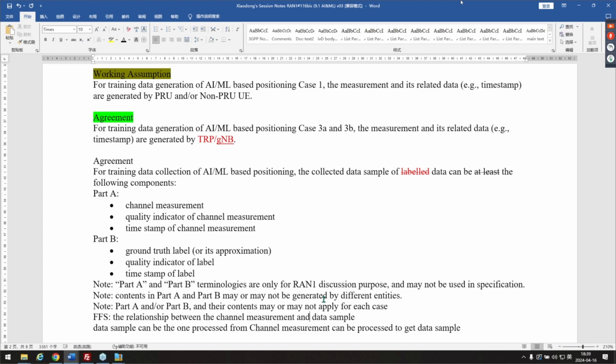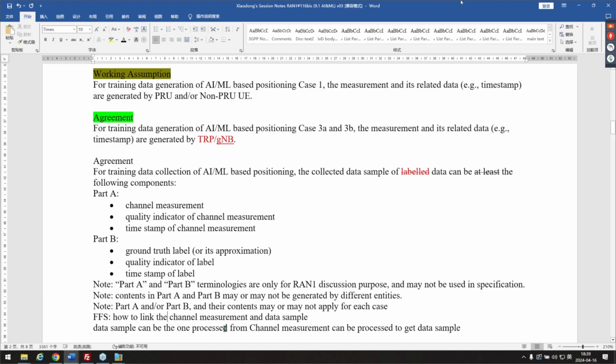Just want to comment that the data sample here, in the beginning, means one sample composed of many components, right? So the channel measurement is a component of the data sample. I think the comment is actually about the processing of the raw channel measurement. Can we just say FFS the representation, the details of channel measurement?